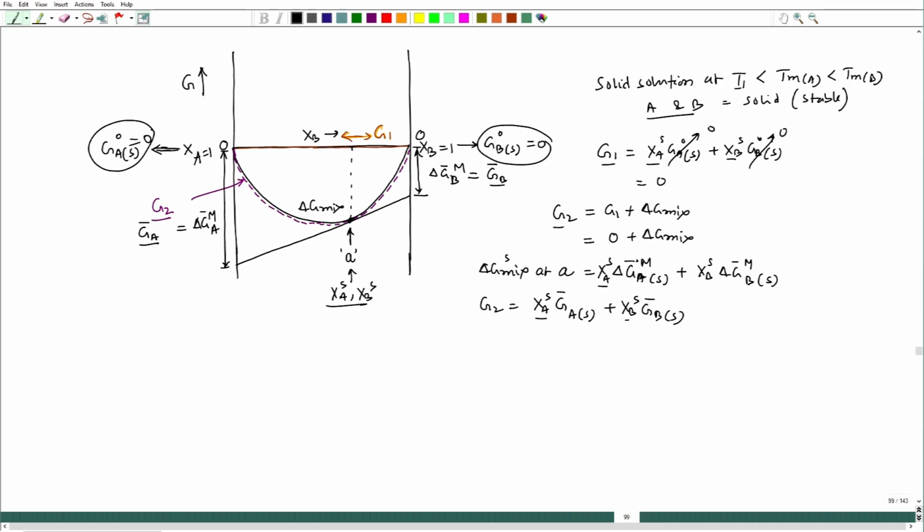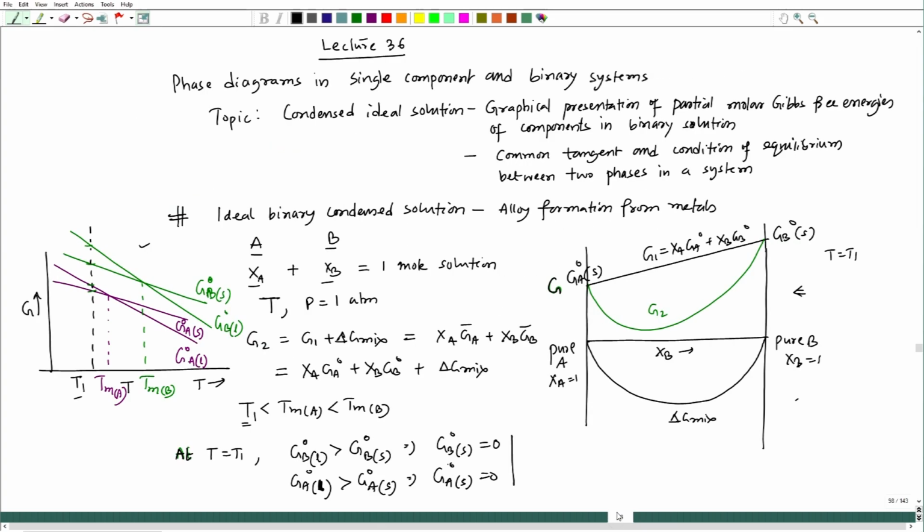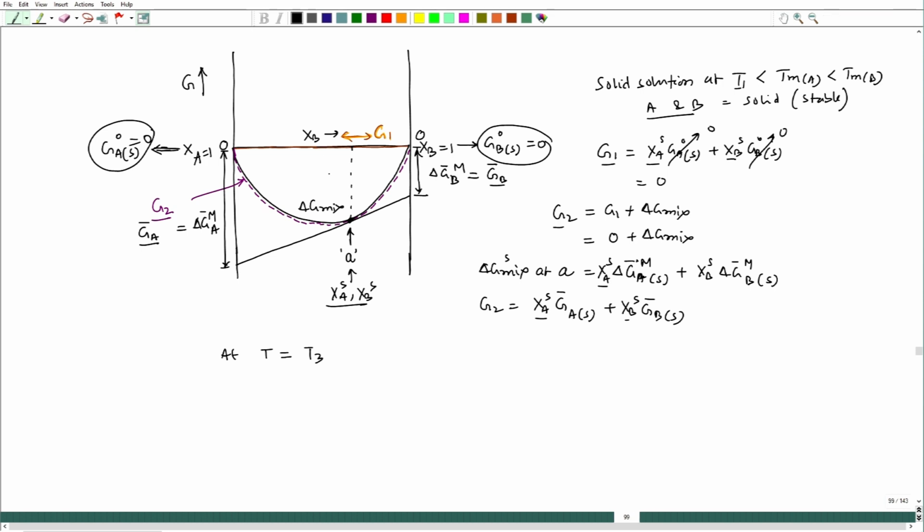Now, let us look at temperature T equal to T3. There also I can get exactly similar conditions.